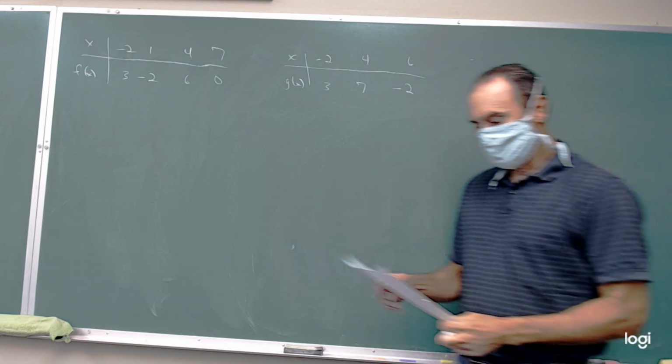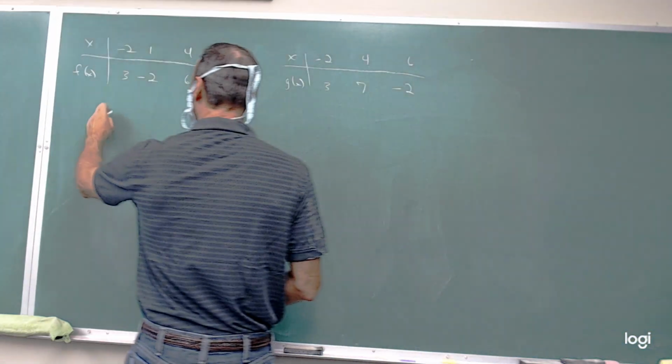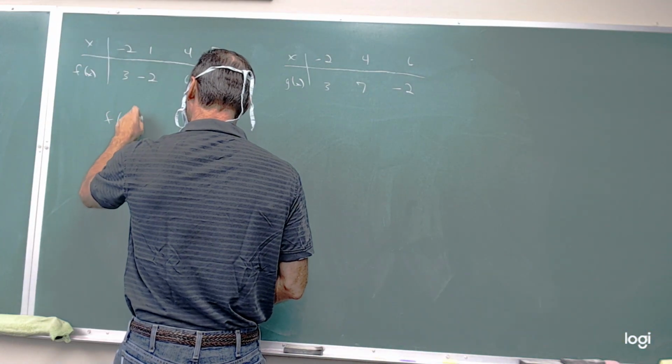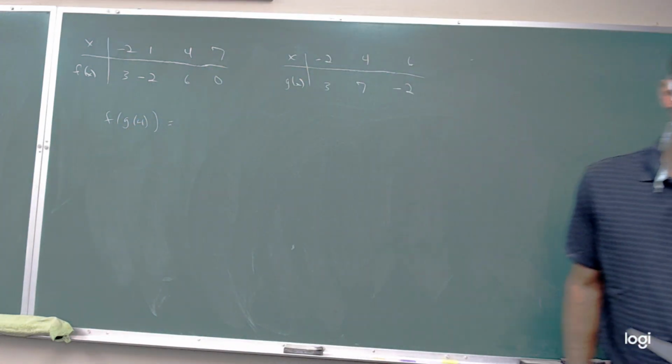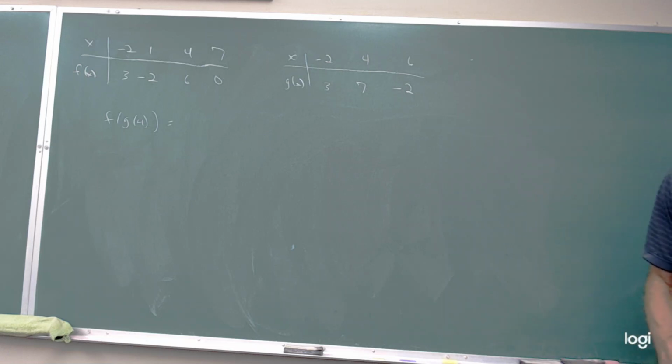And then I'm going to ask you, what is f of g of 4? You find f of g of 4. I'll give you a moment there to track that through.